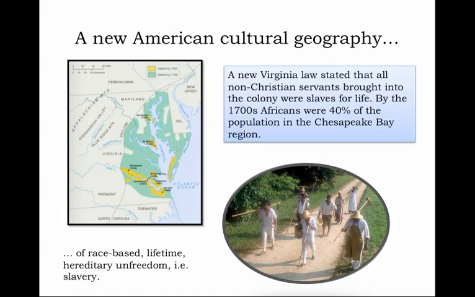And by the 1700s, Africans represented 40% of the population in the Chesapeake Bay region. So a substantial growth in numbers following the redefinition of unfreedom toward the lines of slavery.